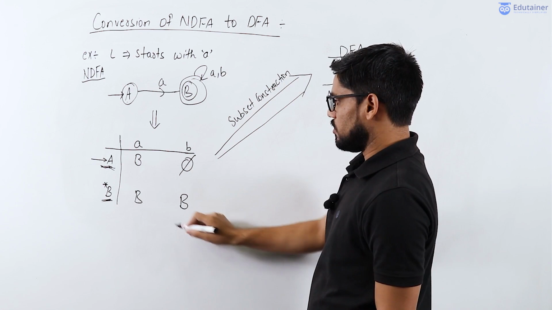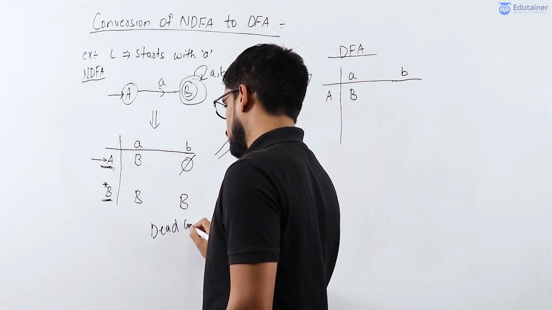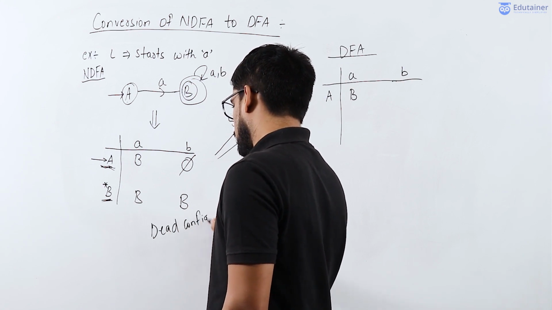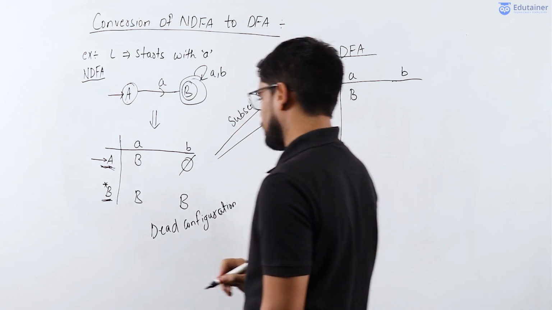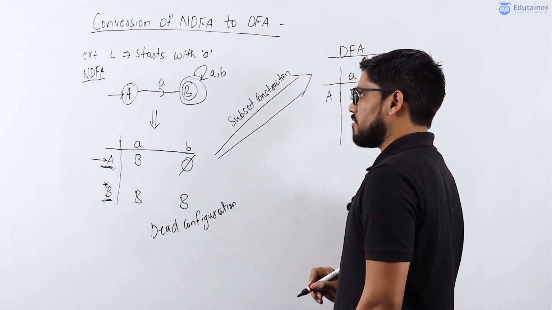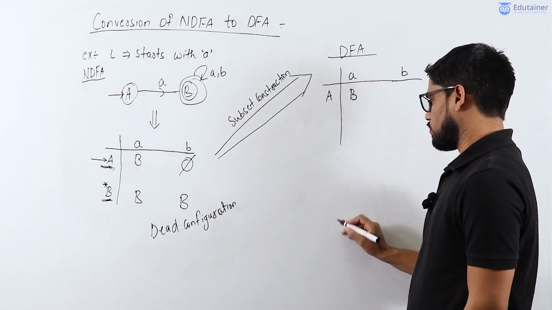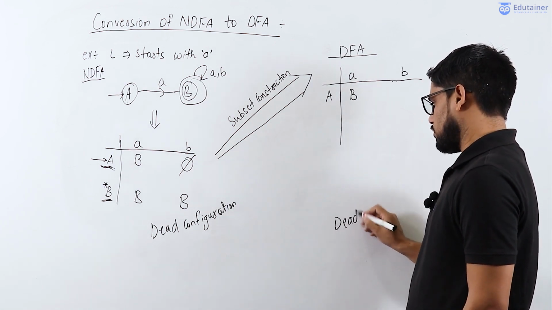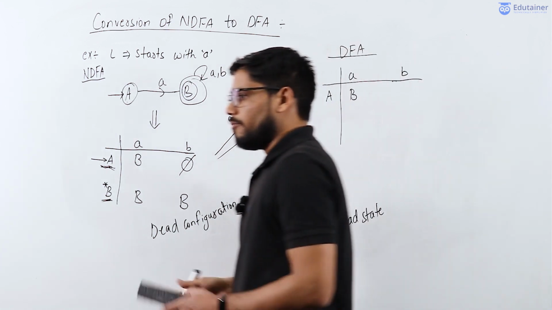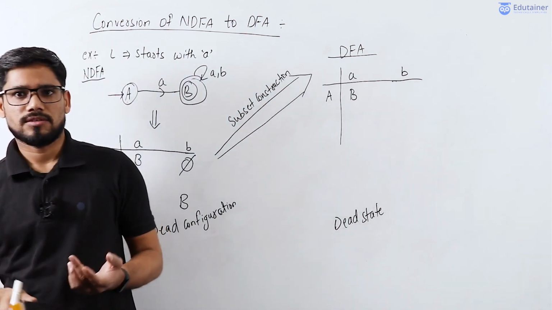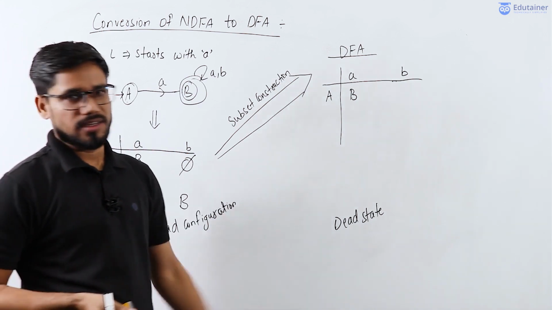Remember that in a non-deterministic finite automata machine there is a concept of dead configuration. Dead configuration means for some input there is no move defined. But in a deterministic finite automata machine, there is no dead configuration concept. Here we have a dead state. Dead state means for any input, if we do not reach a final state, if we reach a non-final state, then such a state is called a dead state.